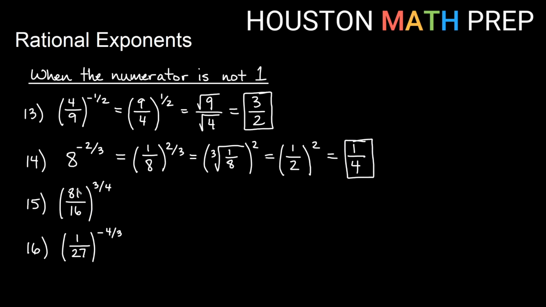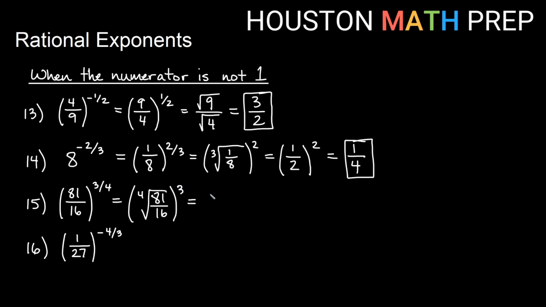Looking at number 15 here, 81 over 16 to the 3/4 power. So thinking of the bottom of the exponent first, and then this top part, we have a 4th root, and then we have a cube. So what we'll do is go ahead and apply our 4th root first. So we have the 4th root of 81 over 16, and then we'll have a cube on that.